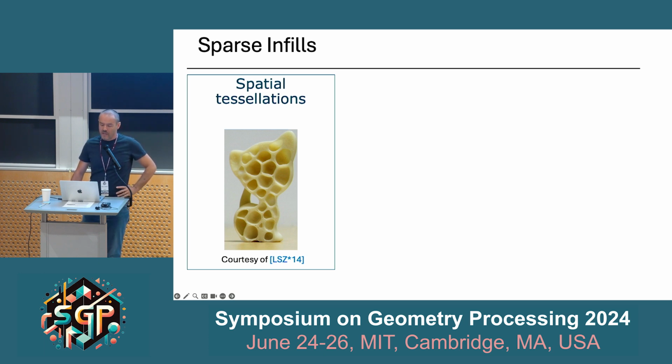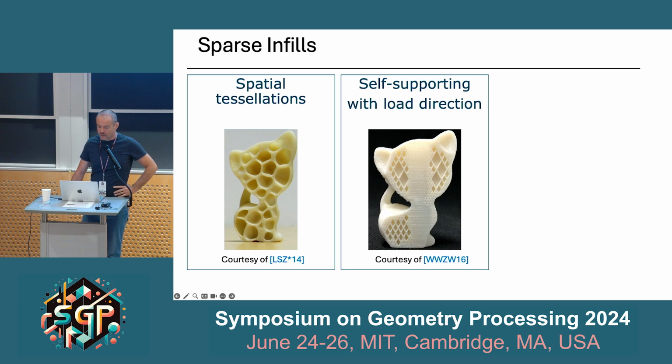Even if you use FDM, you must consider that these internal cavities might require support, and that would be a problem because supporting structures would remain trapped in the cavities also. So some approaches create self-supporting cavities, meaning that the walls that create these cavities have overhanging angles just small enough to be self-supporting.